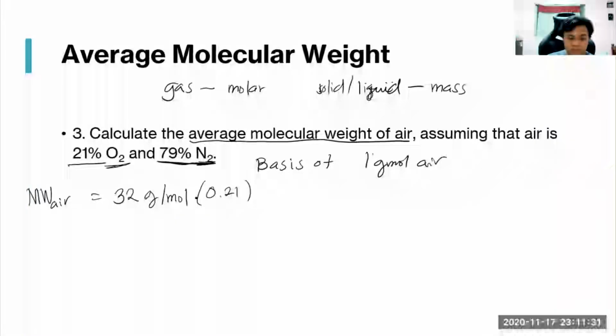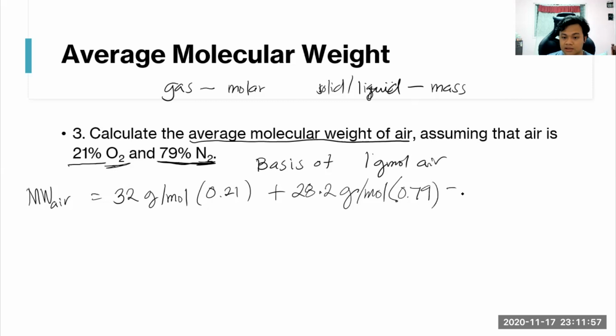And then what is the molecular weight of nitrogen, the diatomic nitrogen? It is 28.2 grams per mole. Then multiply it by its molar percentage.